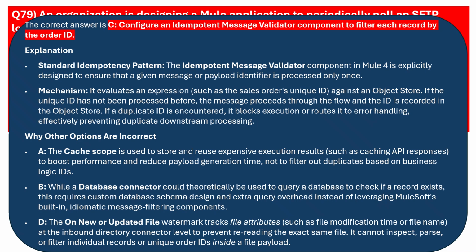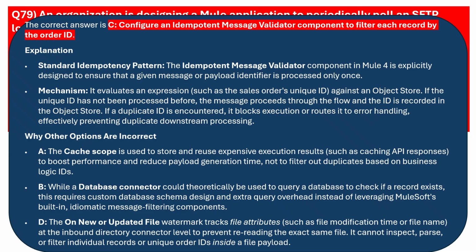It evaluates an expression, such as a sales order's unique ID, against an object store. If the unique ID has not been processed before, the message proceeds to the flow and the ID is recorded in the object store. If a duplicate ID is encountered, it blocks execution or routes it to error handling, effectively preventing duplicate downstream processing.